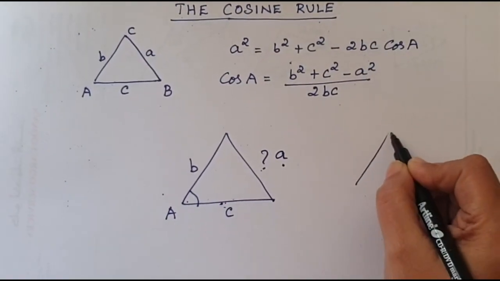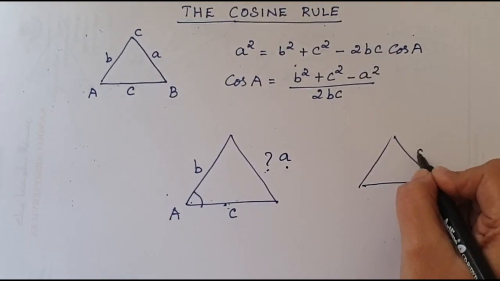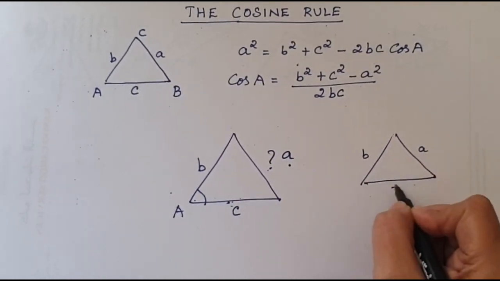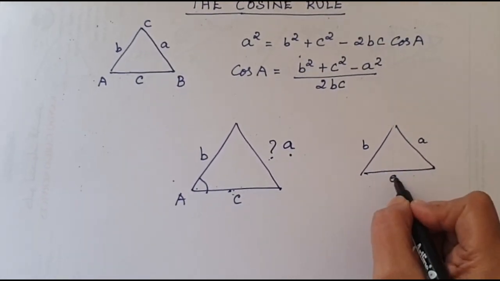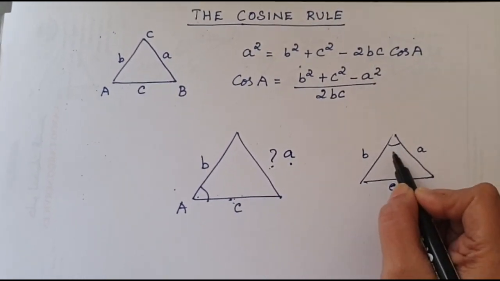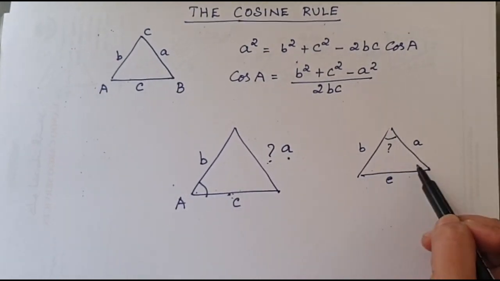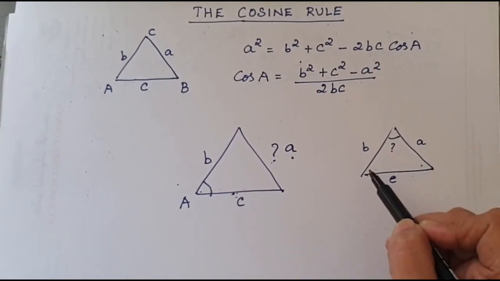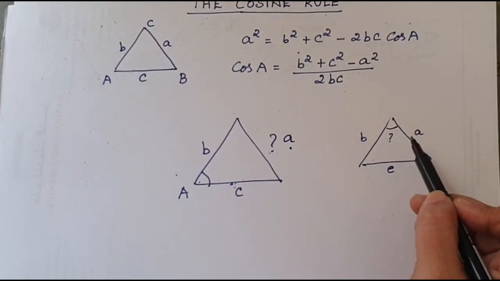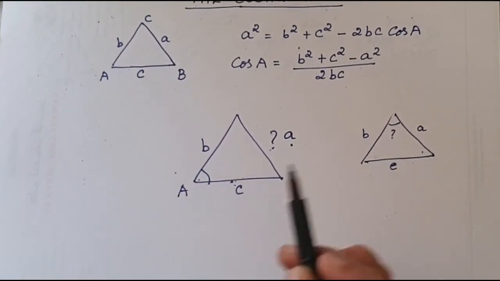Now for finding the angle, we need all the three sides of the triangle a, b and c. If all the three sides of a triangle are given, then any one of the angles can be found, either this angle or this angle or this angle. So basically, in order to find an angle, we need all the three sides.